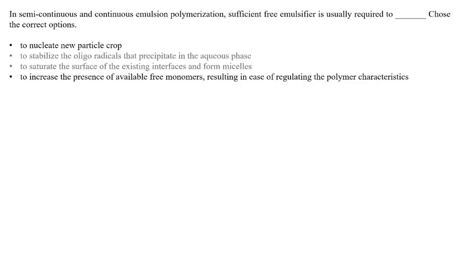Second question. In semi-continuous and continuous emulsion polymerization, sufficient free emulsifier is usually required to dash. Choose the correct options. The options are: to nucleate new particle form, to stabilize the oligoradicals that precipitate in the aqueous phase, to saturate the surface of the existing interfaces and form micelles, or to increase the presence of available free monomers, resulting in ease of regulating the polymer characteristics.